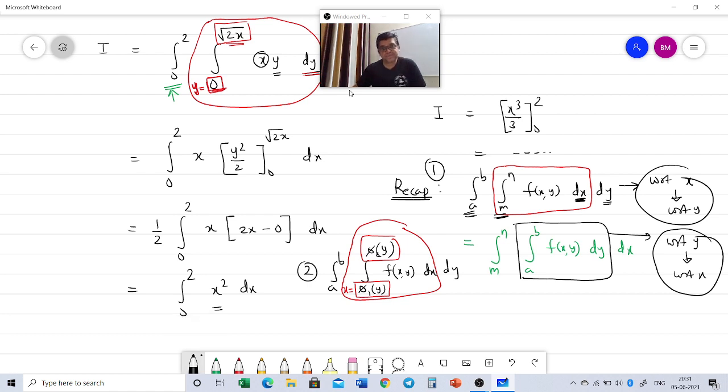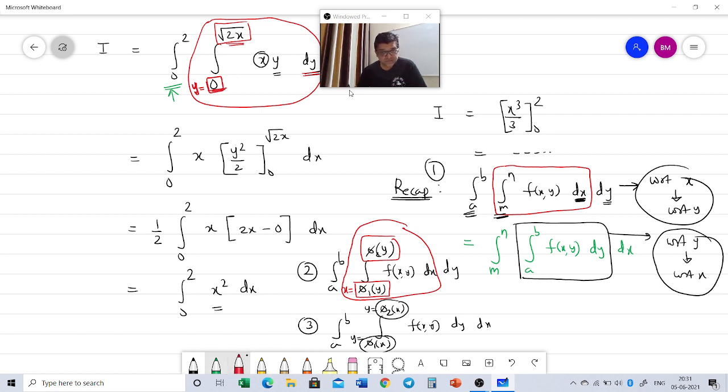And similarly, in third case, outer integral is constant and inner integral is function of x, right? When inner integral is function of x, what I said, these are limits of y.